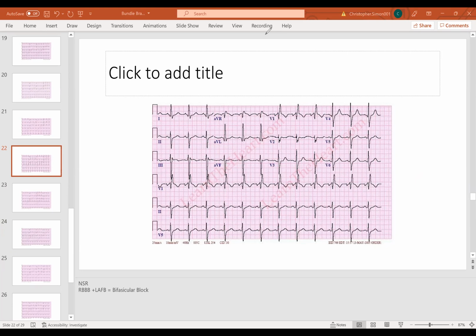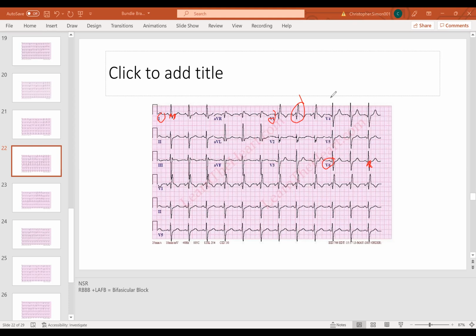And if you keep looking, you're going to see that we have this wide QRS in V1, then we come over to lead 1, slurred S waves, V6 with its slurred S waves. V1 is a positive deflection, so that means it's a right bundle branch block. Why? Because we've got the wide QRS, positive V1, slurred S wave in lead 1, slurred S wave in V6. That's why it's a right bundle branch block.